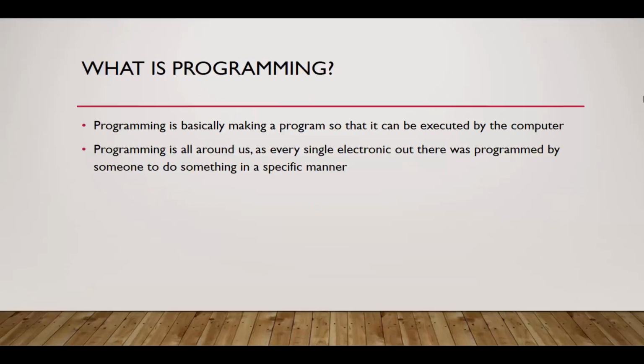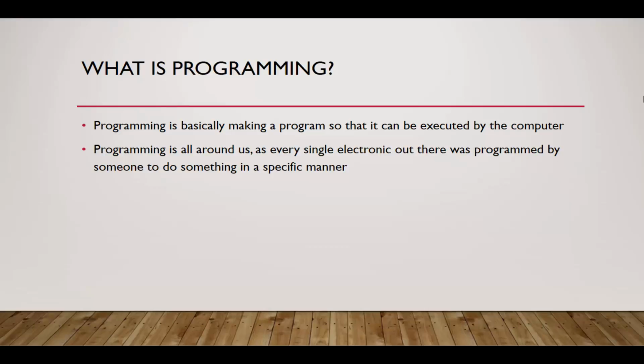So let's begin. Now, what exactly is programming? Programming is basically just making a program so that it can be executed by a computer. If you want a specific definition, it's basically what I said: making the code of a program so it can be formulated into an actual application on the computer.